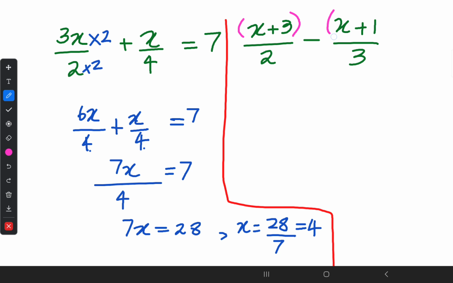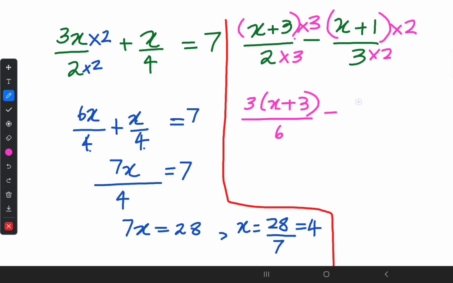Before starting to multiply, definitely you have to indicate brackets for the expression. Not only one value, there are two values, so you have to put them inside brackets. That's a must. Then I will multiply the first fraction by 3. The second fraction should be multiplied by 2. So 3 times (x + 3) upon 6, minus 2 times (x + 1) upon 6.